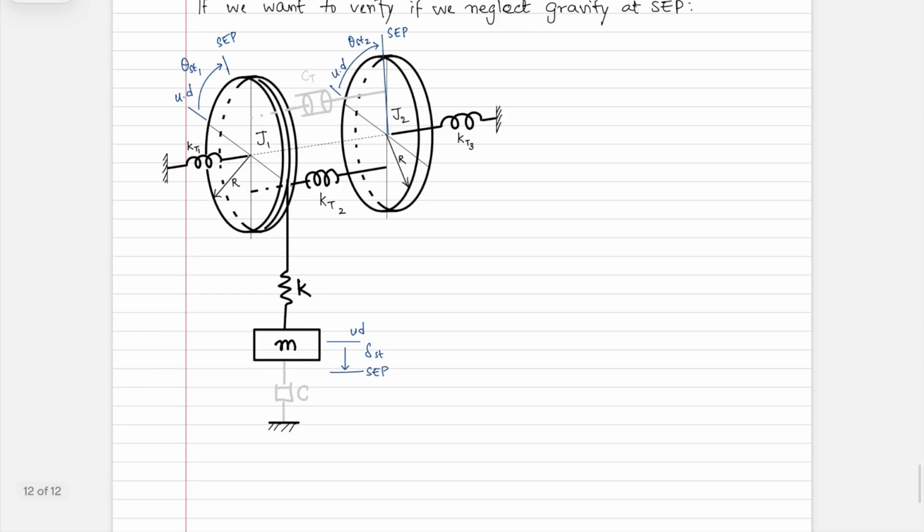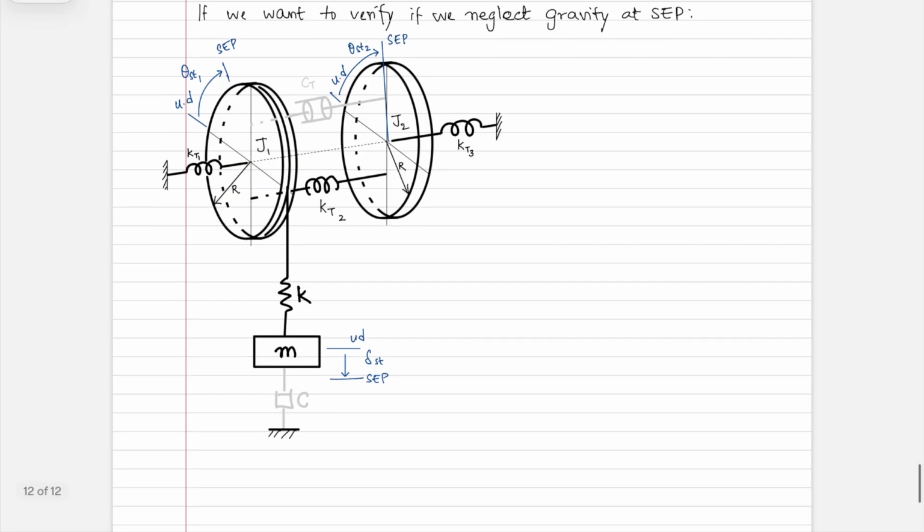So that's why I have grayed out the dampers since velocity is 0 at SEP. Defining theta st1, theta st2, and delta st as the deflection from the undeflected position of all these springs to the SEP, which is where gravity would be counteracted.